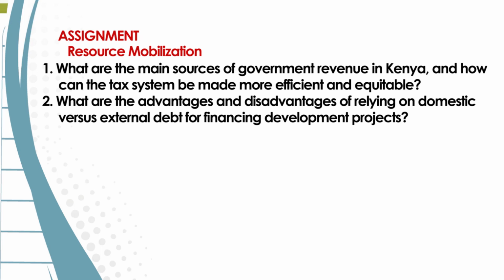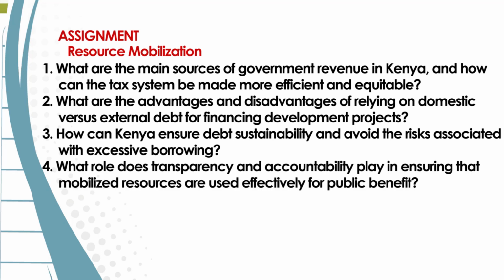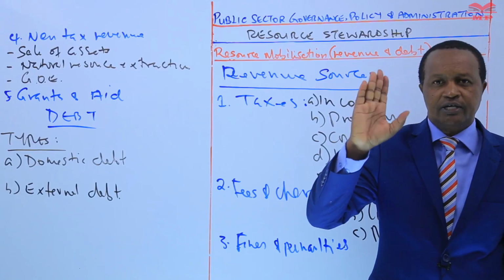I repeat, what are the advantages and disadvantages of relying on domestic versus external debt for financing development projects? 3. How can Kenya ensure debt sustainability and avoid the risks associated with excessive borrowing? 4. What role does transparency and accountability play in ensuring that mobilized resources are used effectively for public benefit?